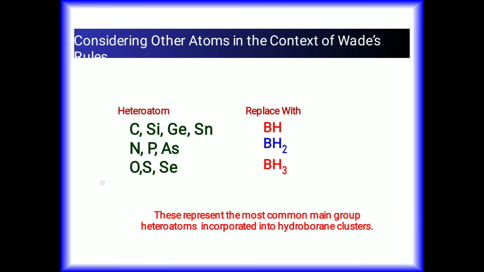Oxygen, sulfur, selenium can replace BH3. These represent the most common main group heteroatoms incorporated into hydroborane clusters.